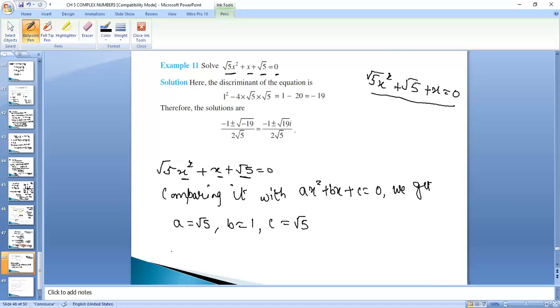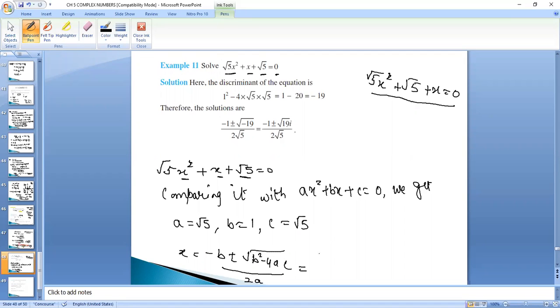Now x is given by minus b plus minus root b square minus 4ac upon 2a. Always write the formula, okay? Because even if the calculations are wrong, you will be getting marks for the formula.